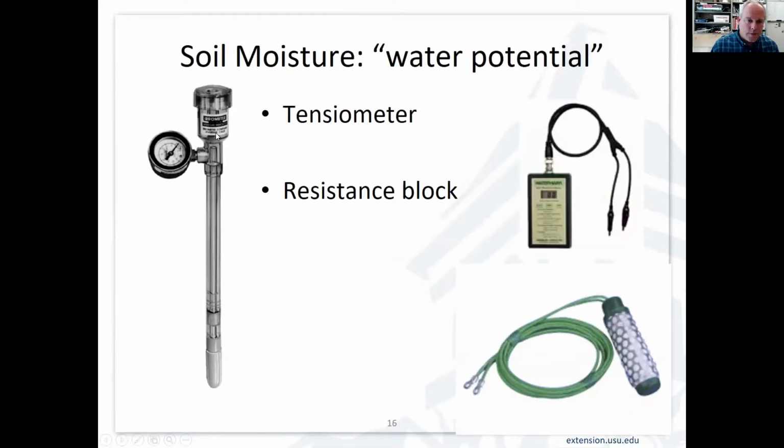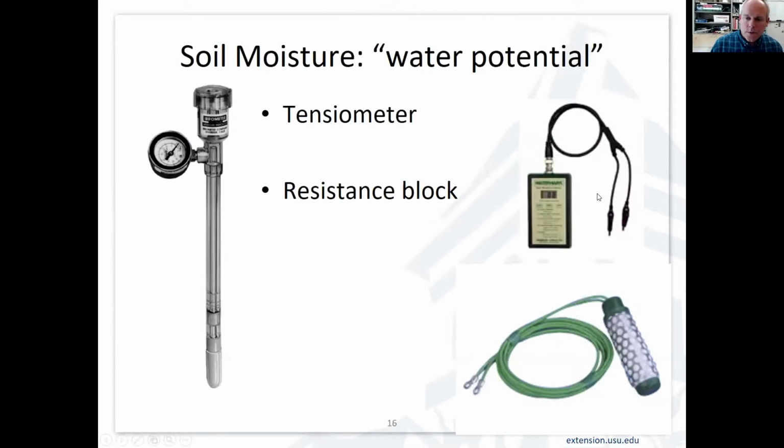You fill this full of water, get all the bubbles out, close the lid, and push this down into the soil at the depth that you want to read, and then it comes into equilibrium. As the soil dries out, it pulls water out of this tube and creates a vacuum, and this gauge tells you the vacuum in terms of how hard the soil is pulling to get the water out of the tube, and that is analogous to how hard the plant has to pull to get water out of the soil.